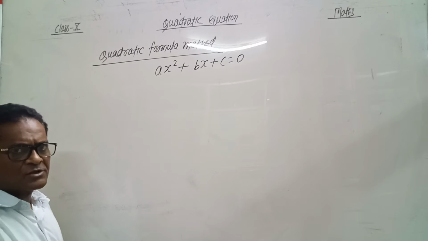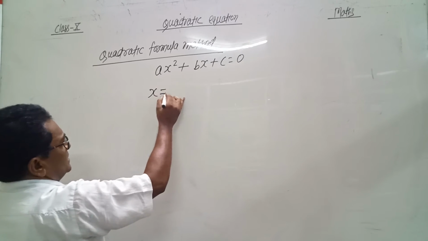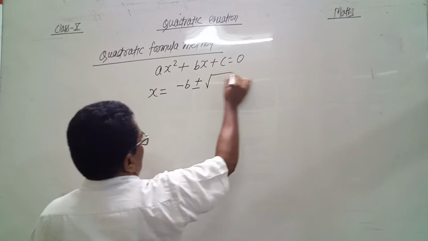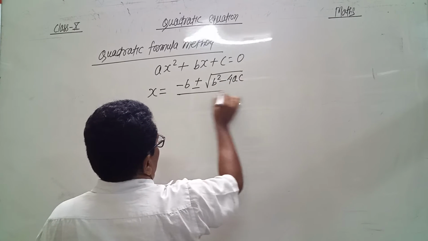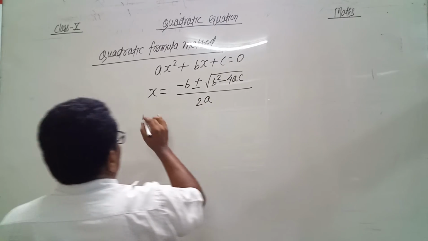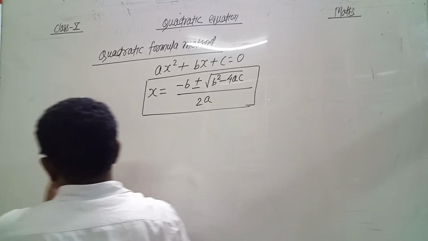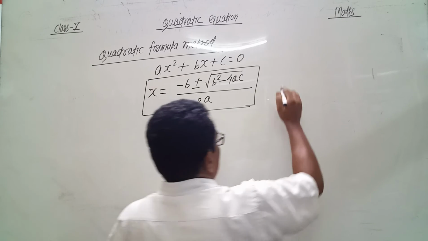And the formula for solving the quadratic equation is x equals to minus b plus minus root of b square minus 4ac upon 2a, where b square minus 4ac is called discriminant.